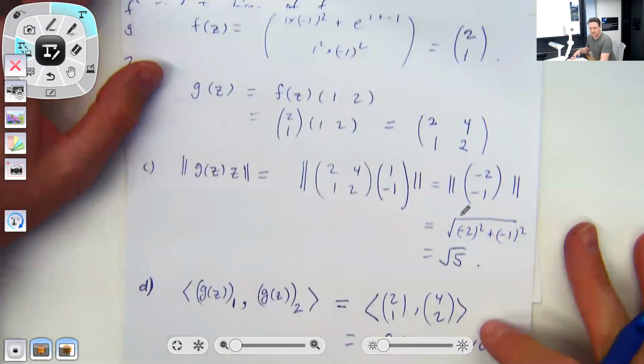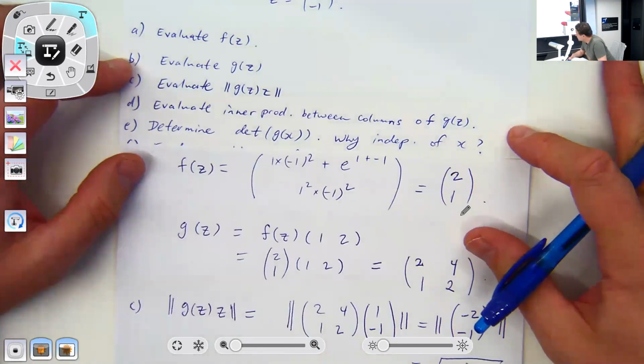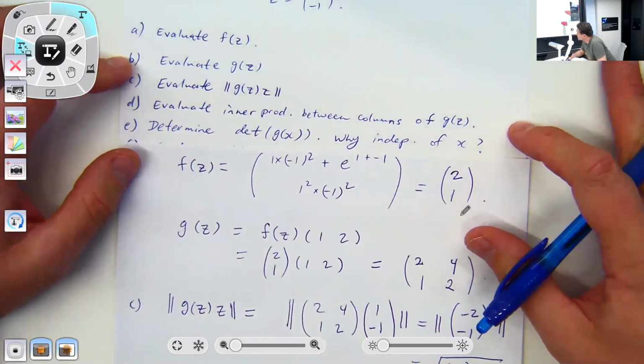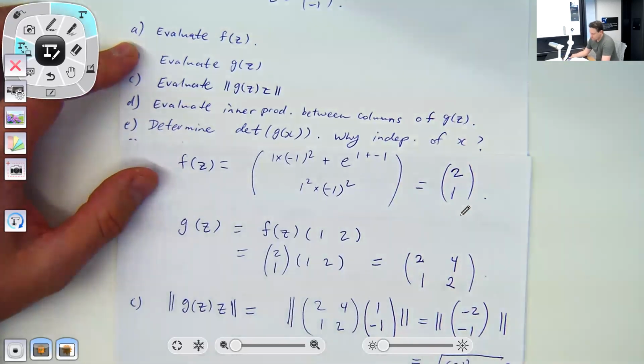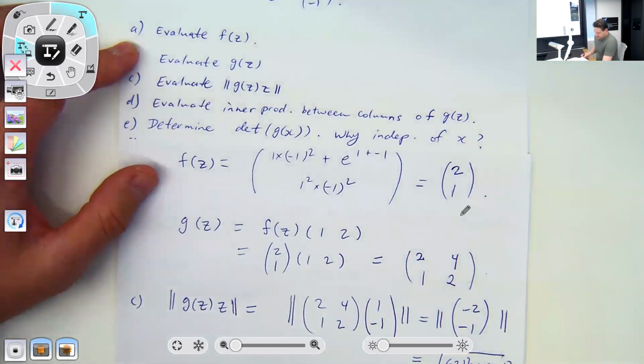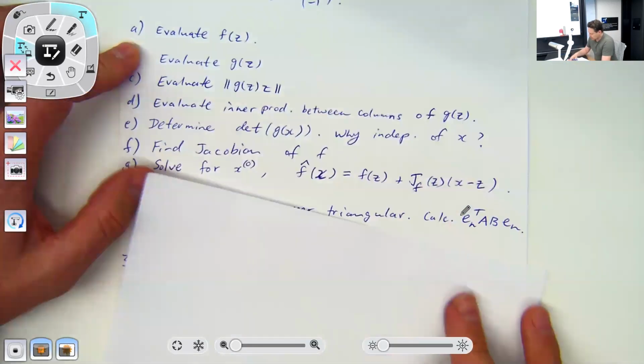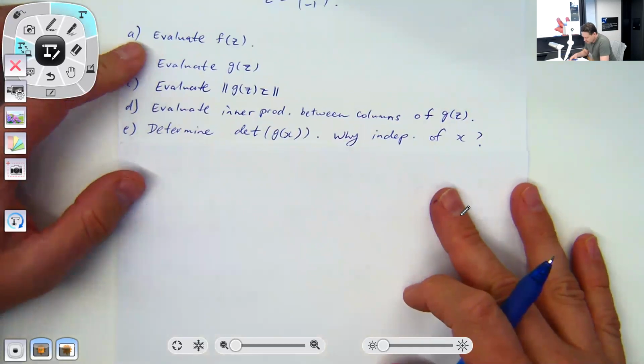Now, the next one says, determine the determinant of G of X, and why is that independent of X? All right, sure. So I'll turn this upside down to get a little bit more space that I can put right under here.